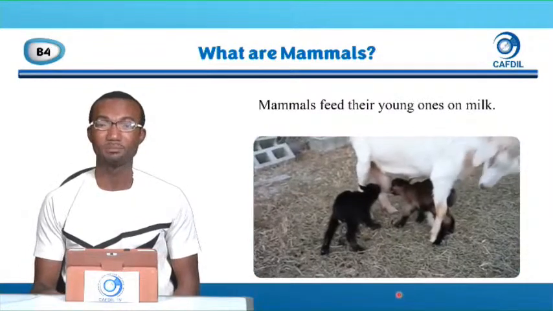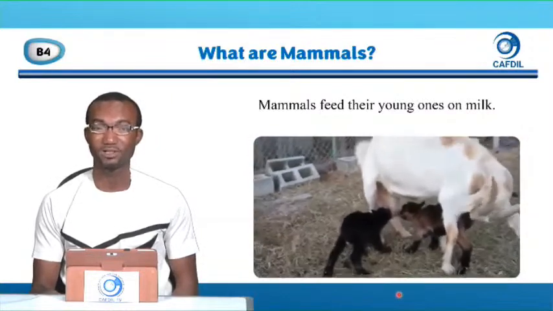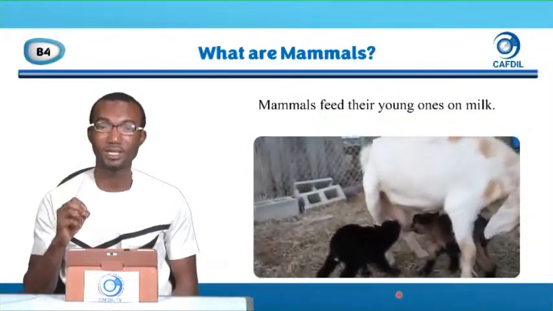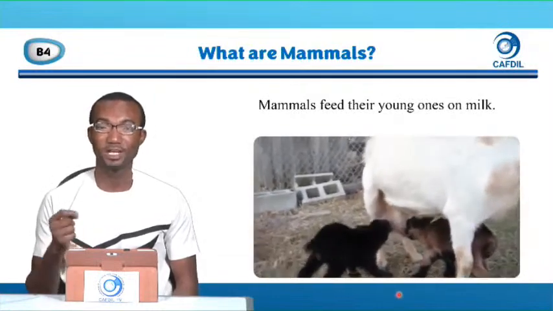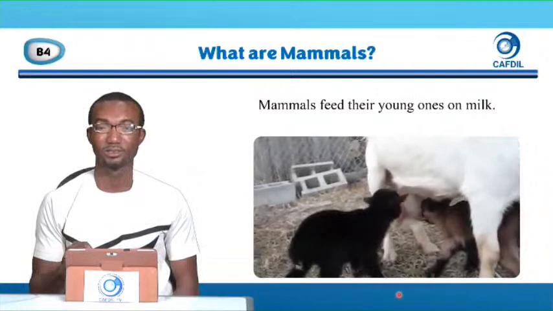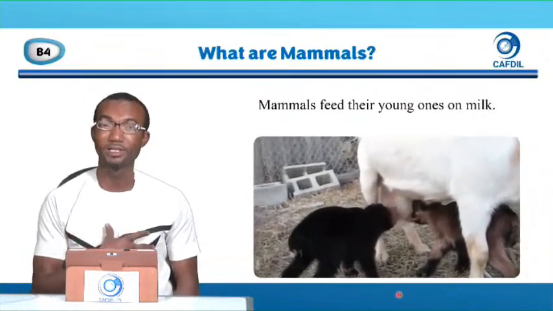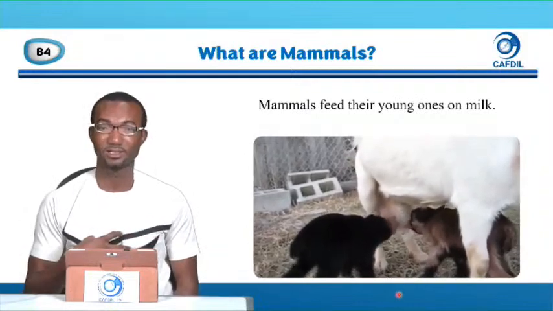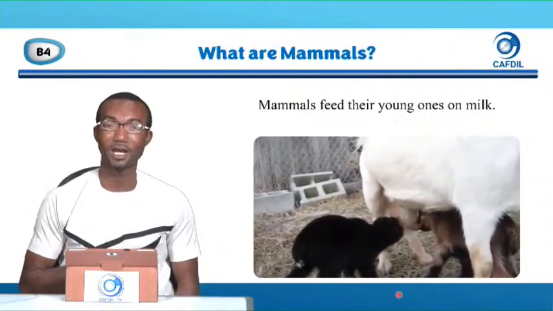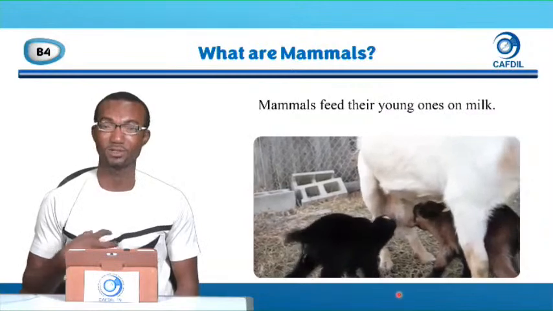So kids, mammals feed their young ones on milk. Anytime you hear the word mammal, it means that those animals feed their young ones on milk. And if the mammary glands are located on the chest, we call it breast. If it is around the abdomen, we call it udder. So that is the difference.